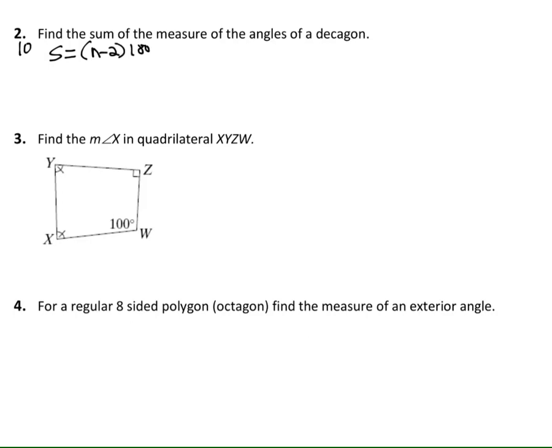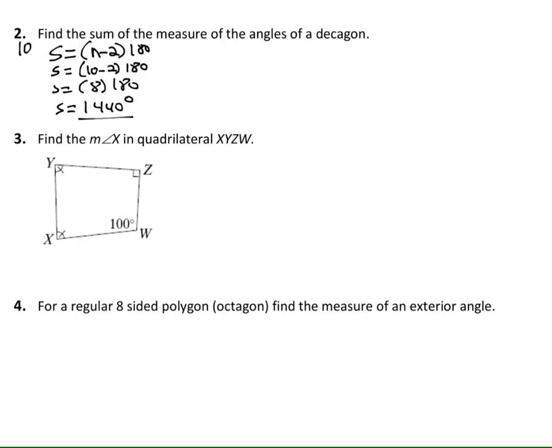So the angle sum is going to be 10 minus 2 multiplied by 180. 10 minus 2 is going to equal 8. And then 8 times 180 is going to equal 1,440. So all the angles of a decagon are going to add up to 1,440 degrees.